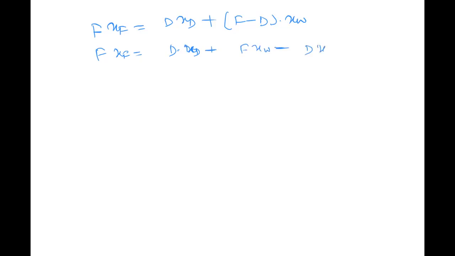So F into XF equal to D into XD plus, in place of W we can write F minus D, into XW. So here F into XF equal to D into XD plus F into XW minus D into XW.